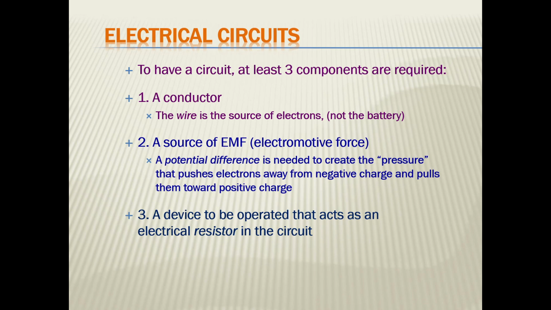If your goal was just to have flowing electricity, then you only need a conductor and a source. A wire connected to both ends of a battery will conduct electricity, but what's the point?